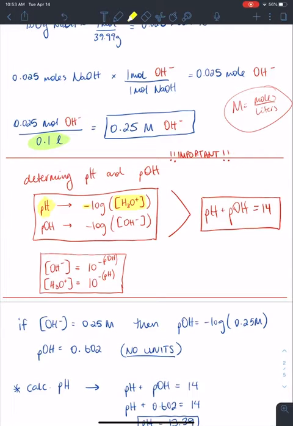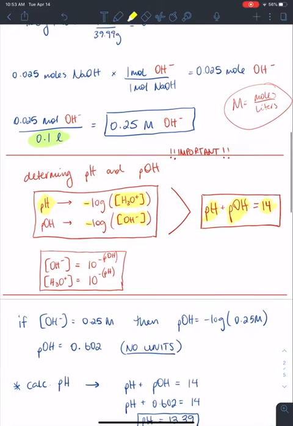For pOH, you take the negative log of the concentration of hydroxide anions. Whenever you see a little p in front of something, that little p most often means negative log. In your calculator, you just hit the negative sign, then the log button, then put the number in parentheses. The relationship between pH and pOH in water is that pH plus pOH will equal 14. So if I give you one of those numbers, you can always tell me the other one, because if you add them together, it should come to 14 if you're in water.